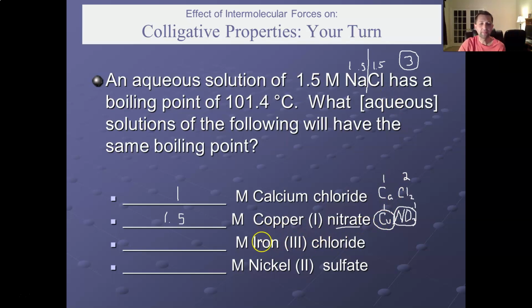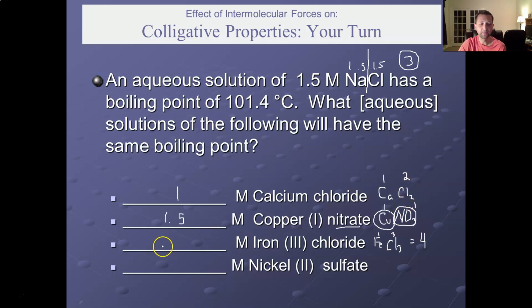Iron(III) chloride is FeCl3. Hopefully you're getting the hang of this by now. How many dissolved particles do you have here? You have 1 from iron and 3 from chloride, which gives you 4 dissolved particles total. So 4 times what is going to give you 3 dissolved particles?